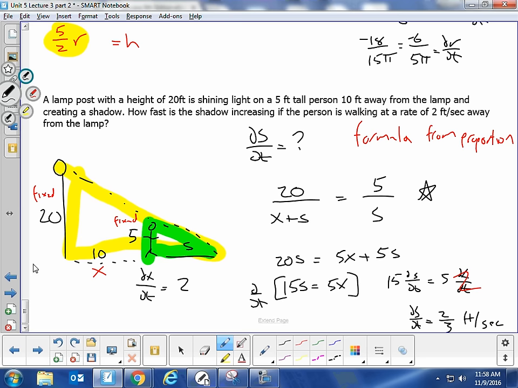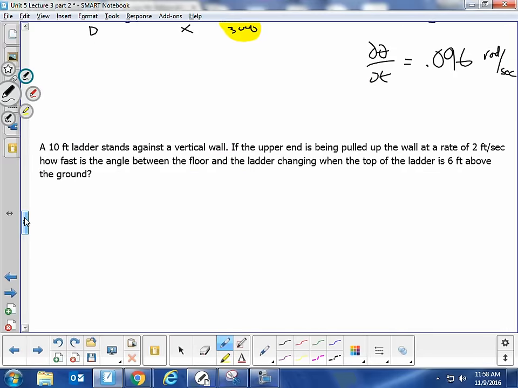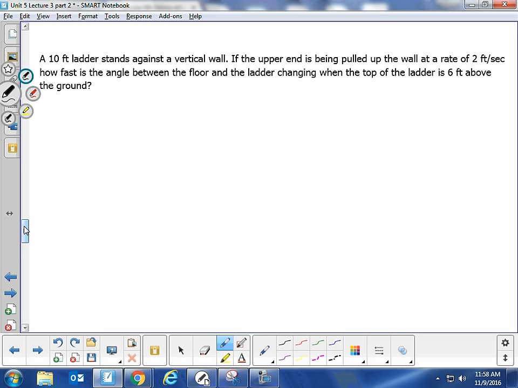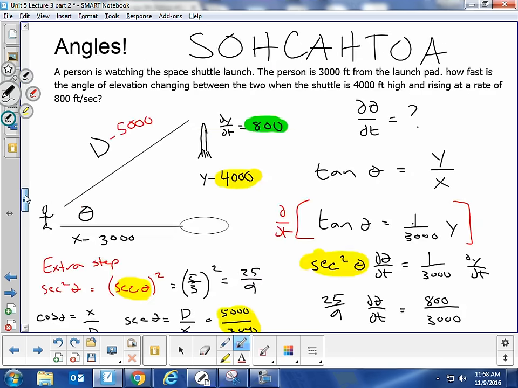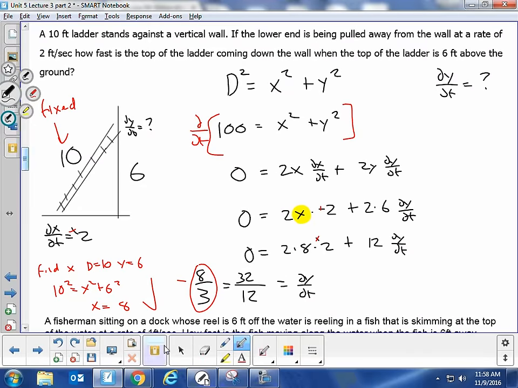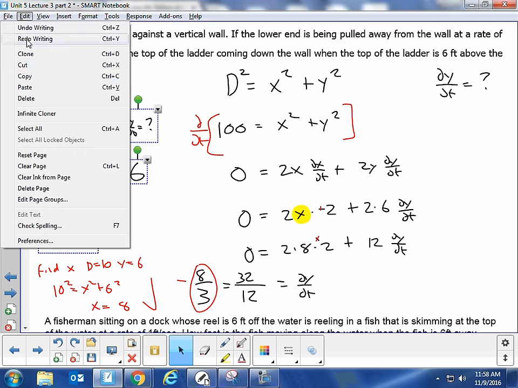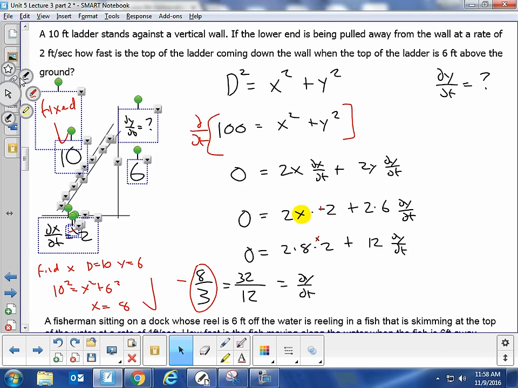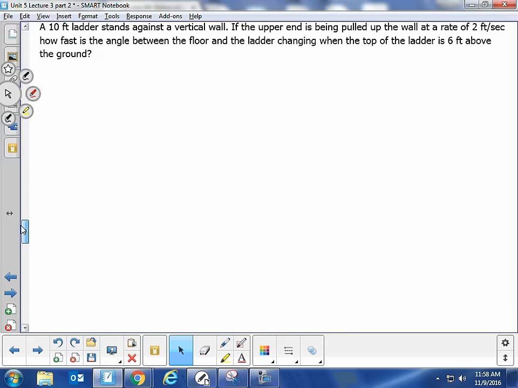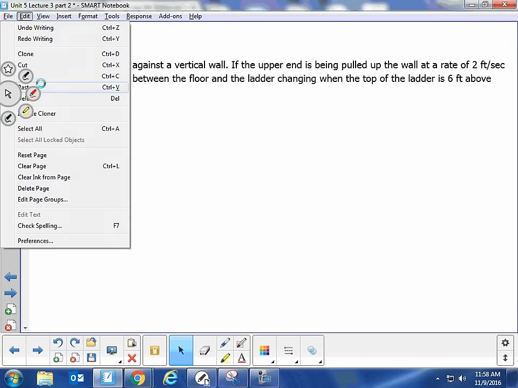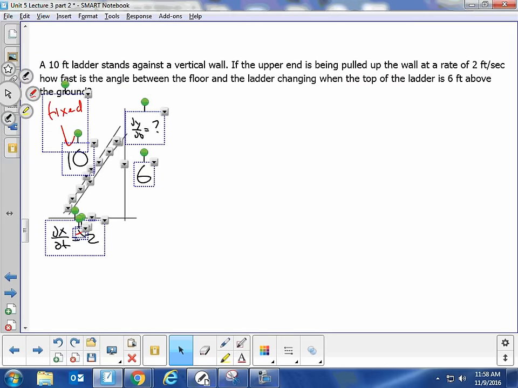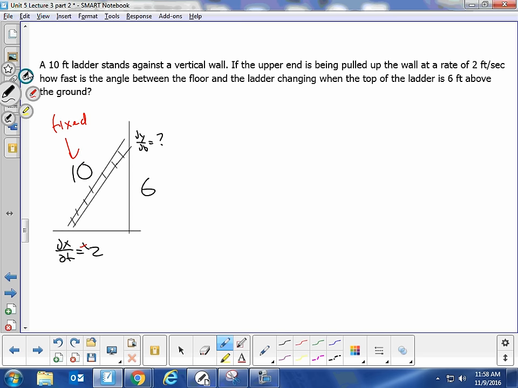Let's go back and do the last example, which is our ladder and our angle of the ladder. So again, let's grab the ladder situation that we drew up. The upper end of the ladder is being pulled up, so some stuff has changed.